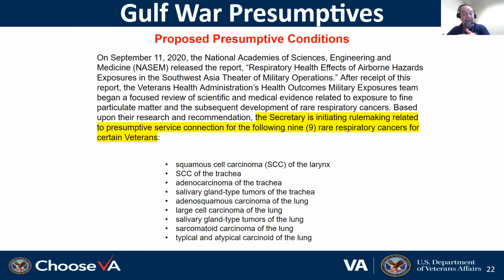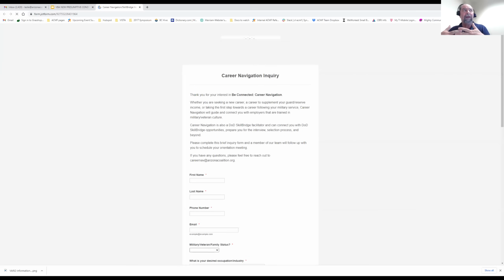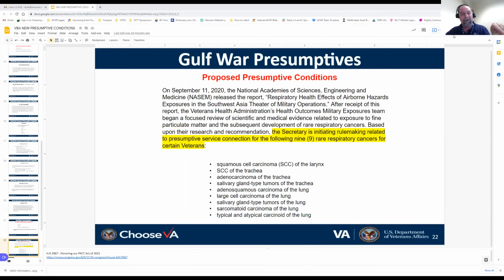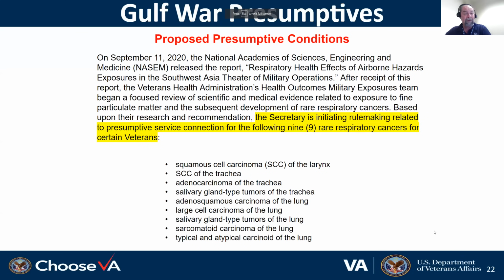So the presumptive condition is what the VA designates as a medical condition directly related to service performed in a particular area or a condition that may have occurred.